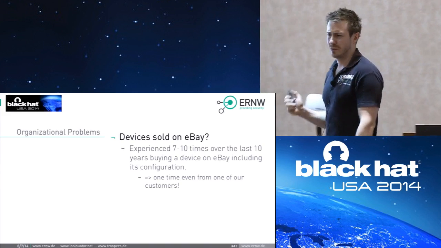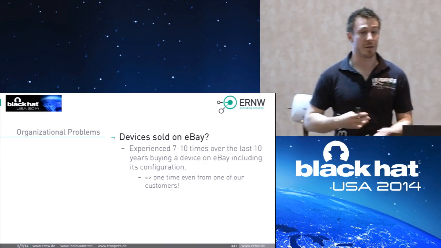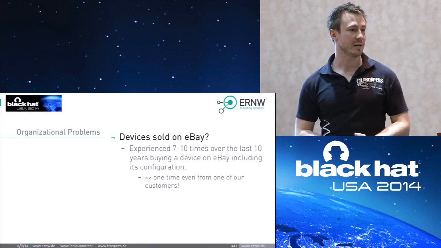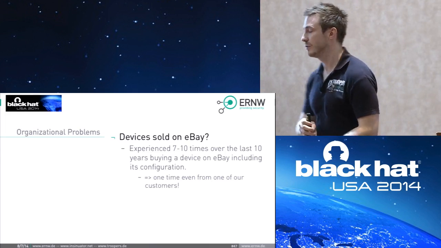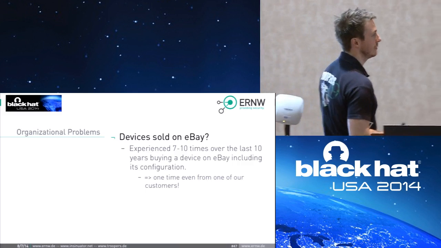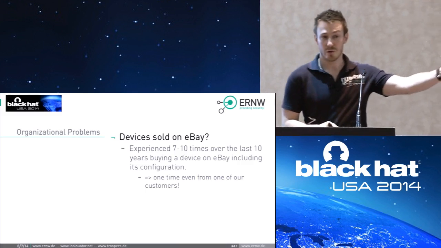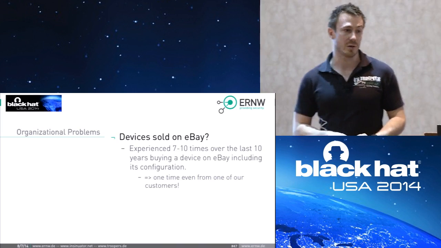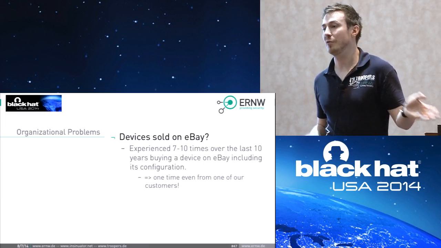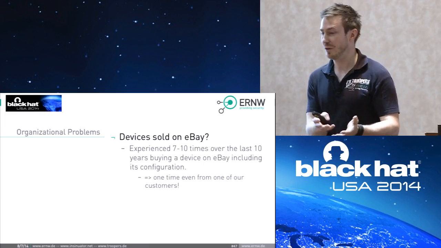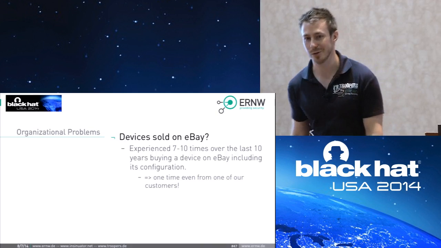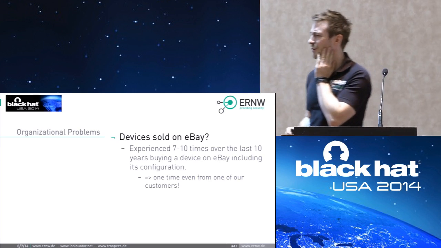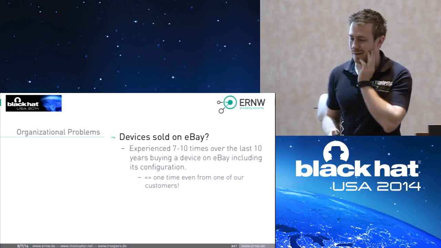Another problem, of course, with the shared secret approaches, but this is also nothing new, is devices sold on eBay. We had that at least 7 to 10 times over the last 10 years when we bought devices on eBay, probably like those, and there was still a config included, including all passwords. One time we even got a switch from one of our customers, which we knew from an assessment and the strings that were included, so we contacted them and let them know someone sold one of your switches, including your configuration in there.